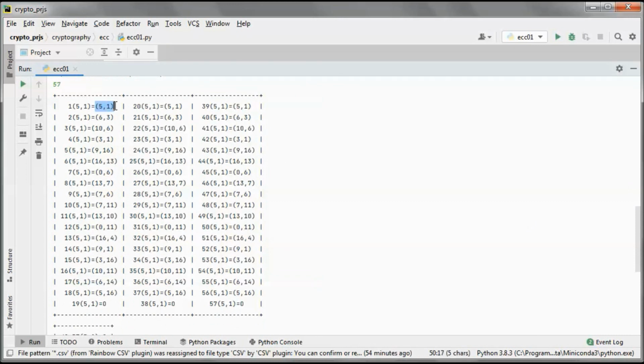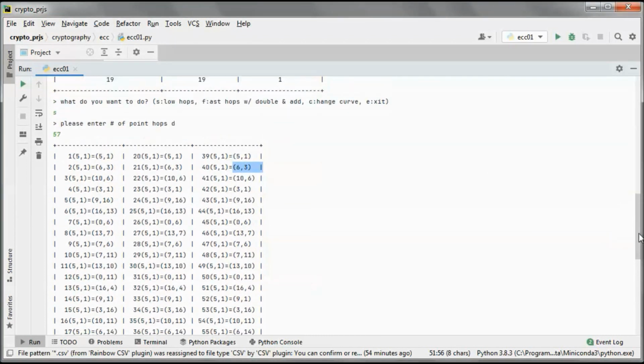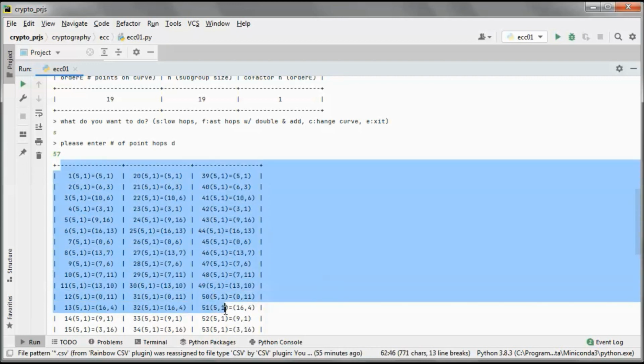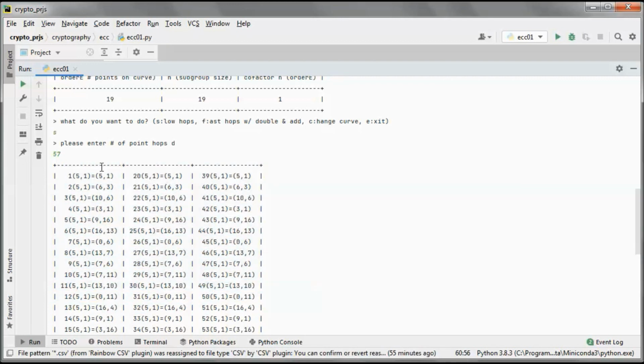So 5 1 is repeated here and here, and 6 3 is repeated here and here, etc. Now if we have a huge number of points in the cyclic group, then we would not be able to do this, since it will take forever with slow hopping.